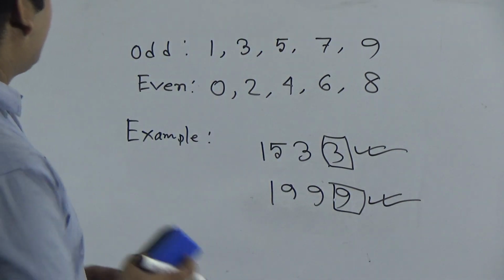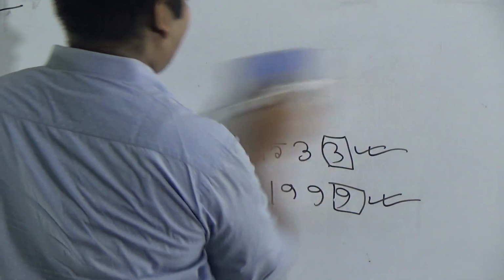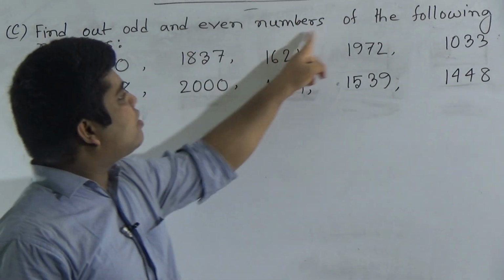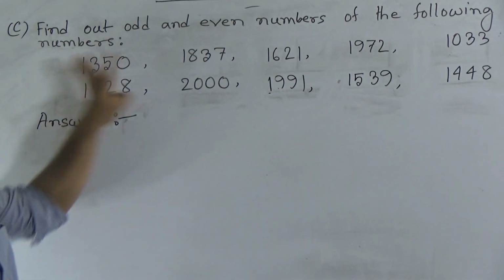Now, we shall write the odd and even numbers. At first, we read the question. Find out odd and even numbers of the following numbers. That means some numbers are given.